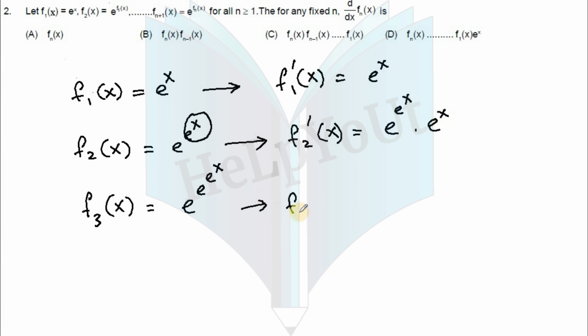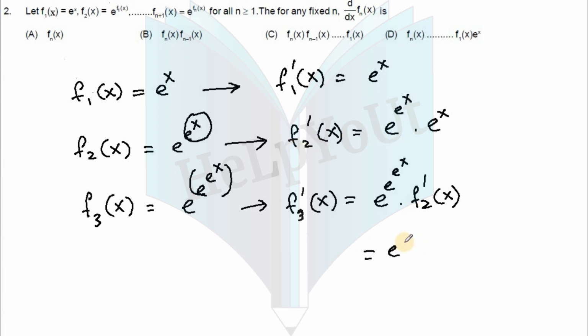For this part, e to the power x will come back because this is the z part. This part is z and z is f2(x). We have to take the derivative of f2 again, so like this, and we had this here, so it will be e to the power x times e to the power x times e to the power x.